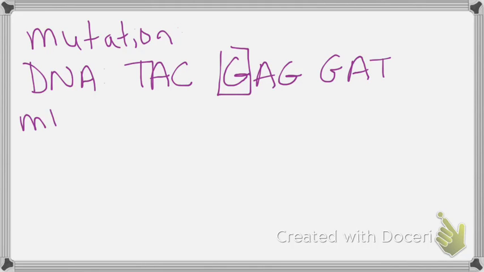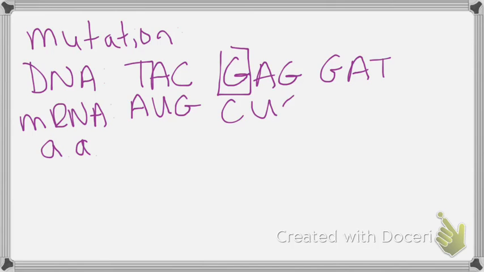Let's now pause the video and take a second to figure out the mRNA and the amino acid sequence. Once you do this, we should get AUG, CUC, and CUA.